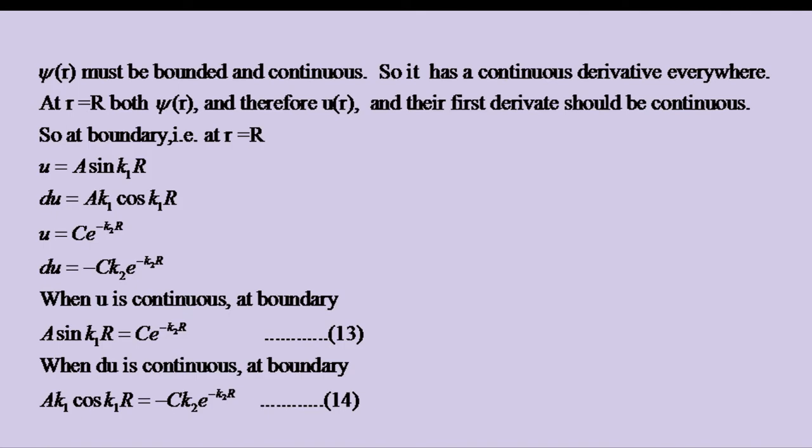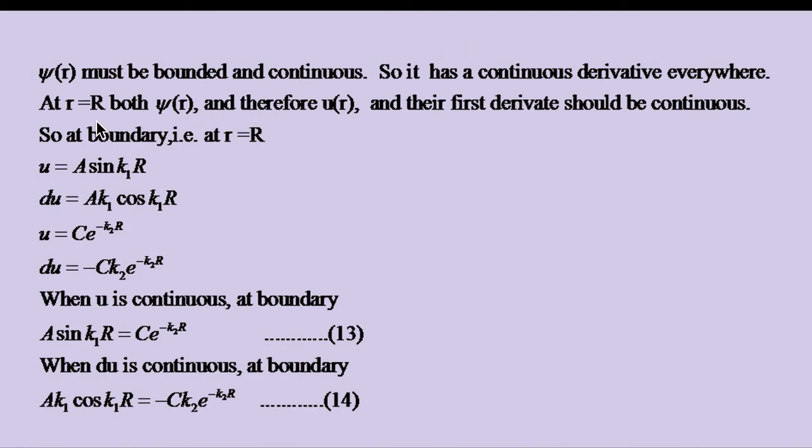It must be bounded, that means it must be between two values, and between those values it must be continuous. That is the meaning of this sentence. So it has a continuous derivative everywhere. If a function is continuous, then its derivative should also be continuous. Then only your equation d square u by dr square etc. will be valid.